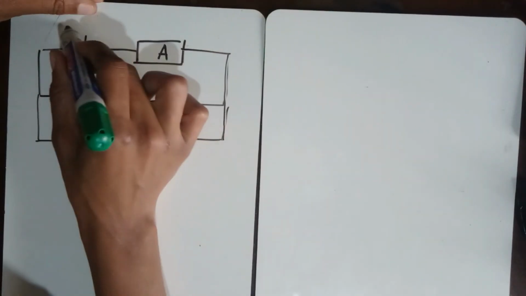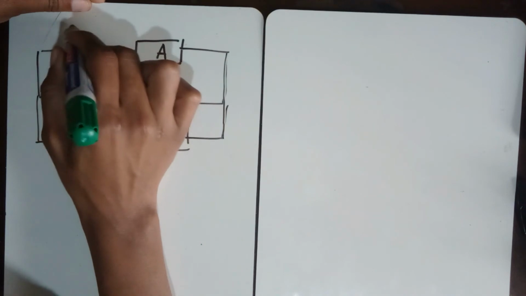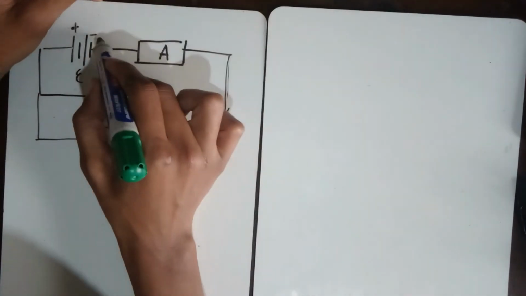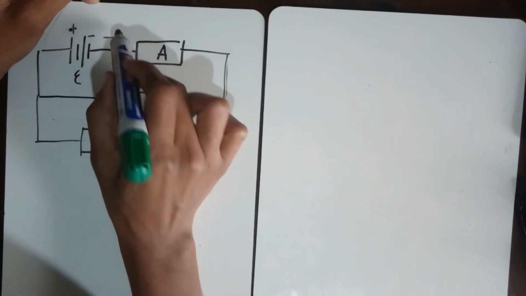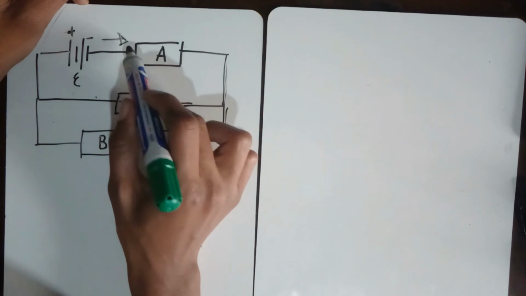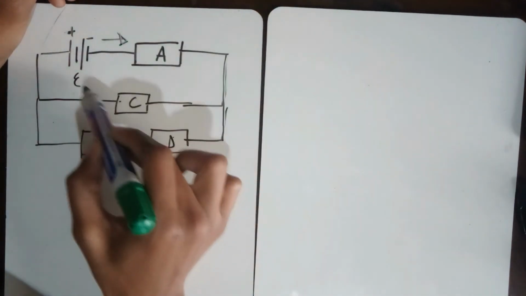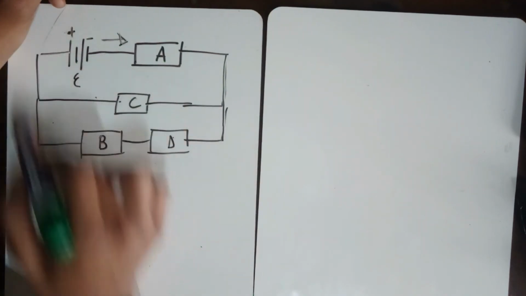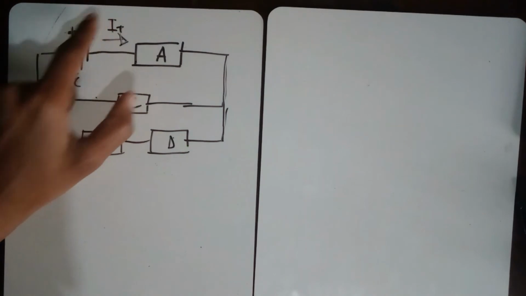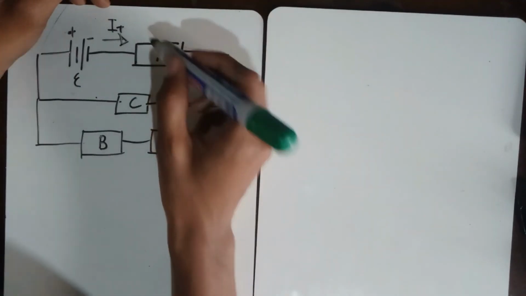So this would be the positive terminal as well as the negative terminal. Remember, if the current was to move in this direction, it's unconventional current, so it's not conventional, which moves from positive to negative. If this total current was to move through here, the total current from the battery would move through resistor A. But now look what would happen.